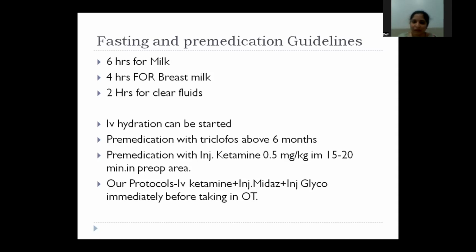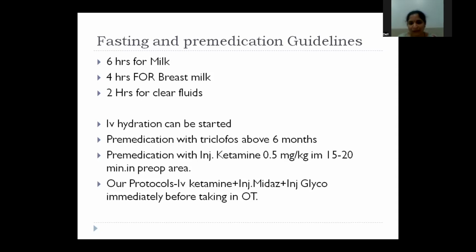Pre-medication is very, very important because separation anxiety causes sympathetic stimulation and tachycardia, and so they may go into cyanotic spells in case of Tetralogy of Fallot. So a calm, cool baby is always welcome in the theater.